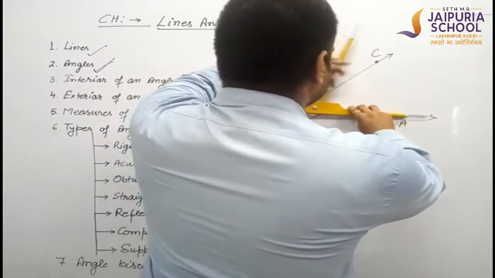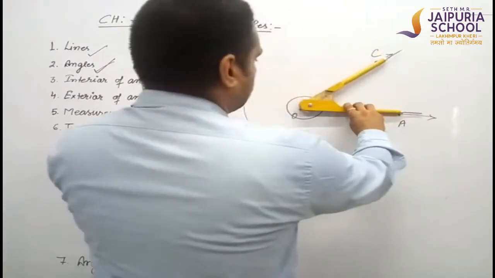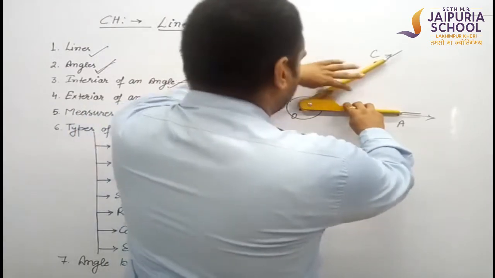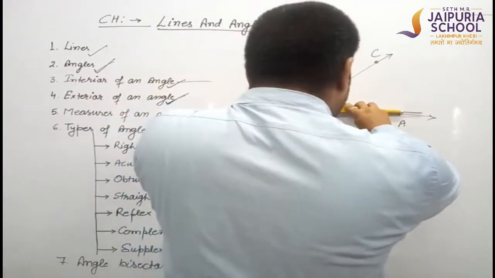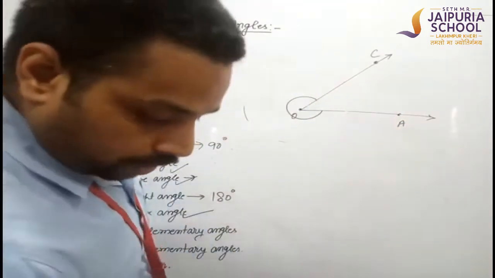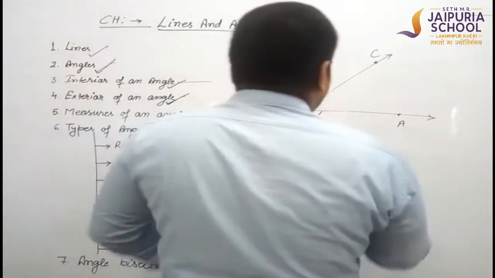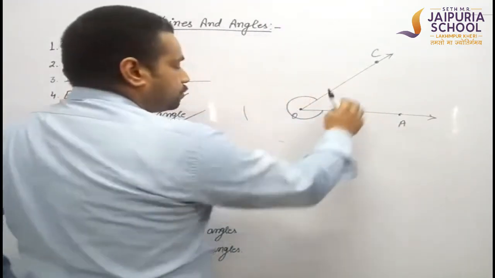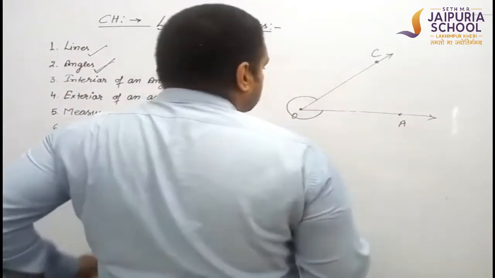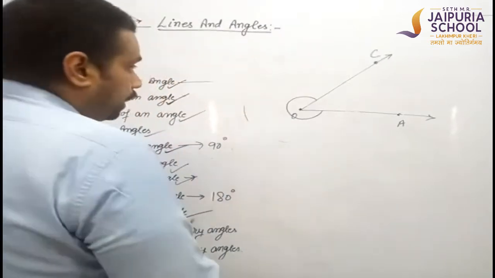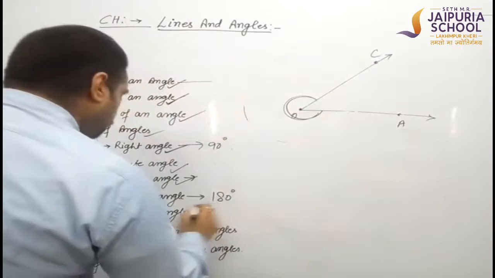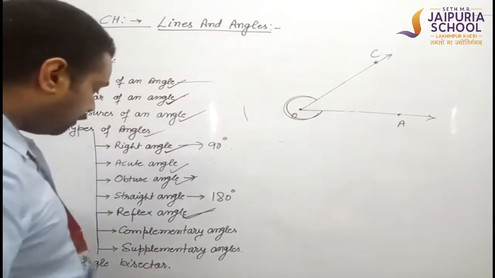This remaining portion, up to the terminal line, is called reflex angle. So don't include this angle, and after excluding this angle you will get an angle which is called a reflex angle. So reflex angle is always more than 180 degree.